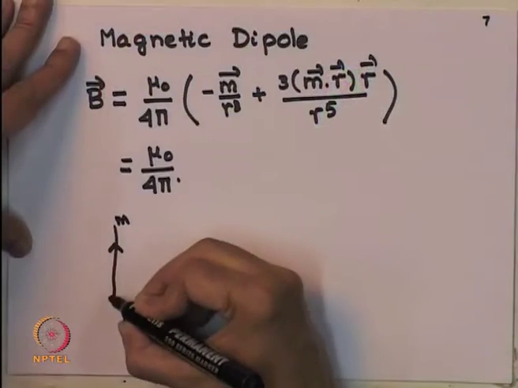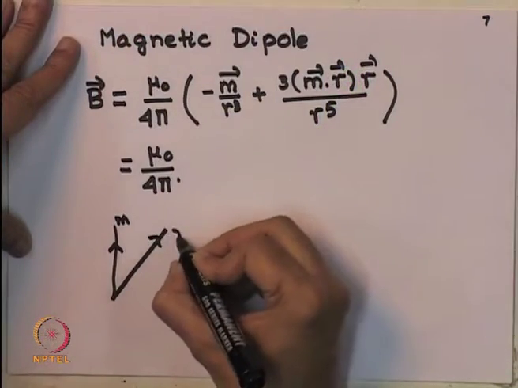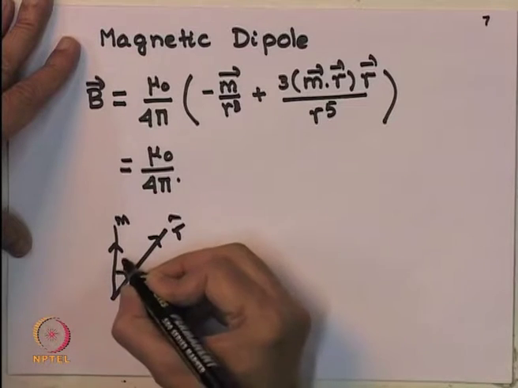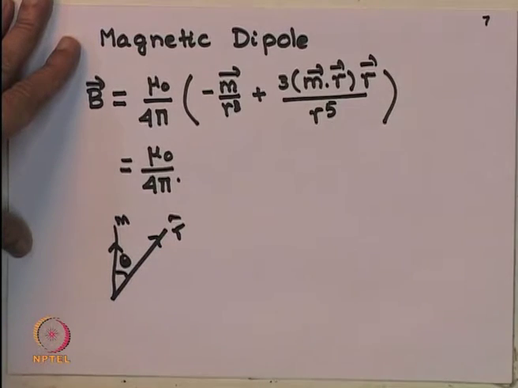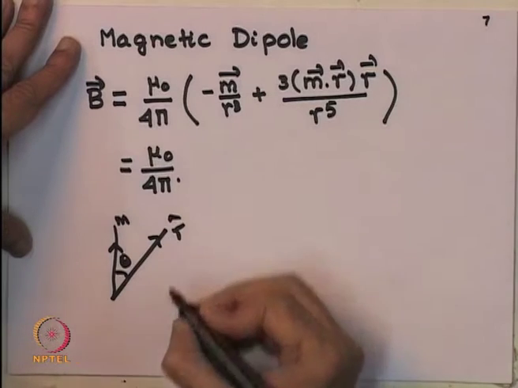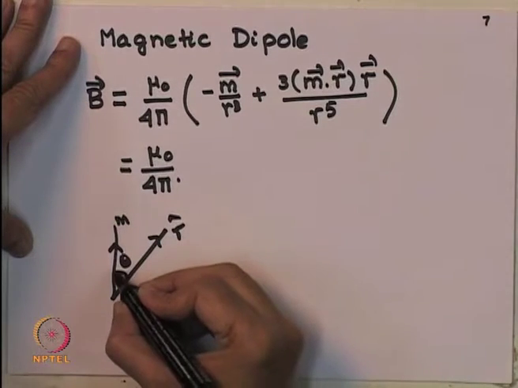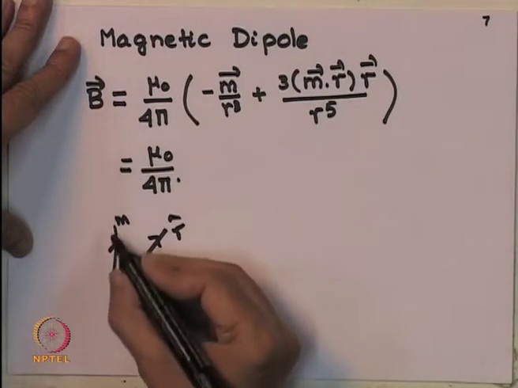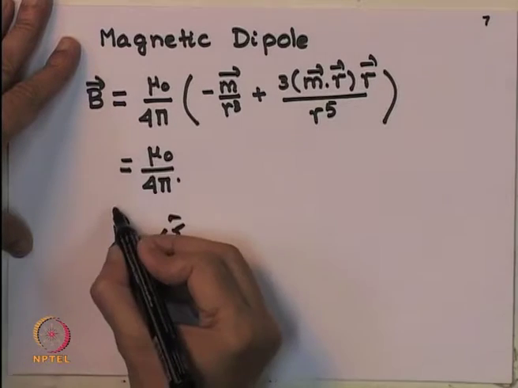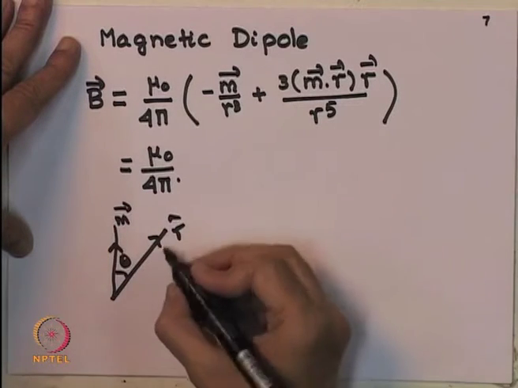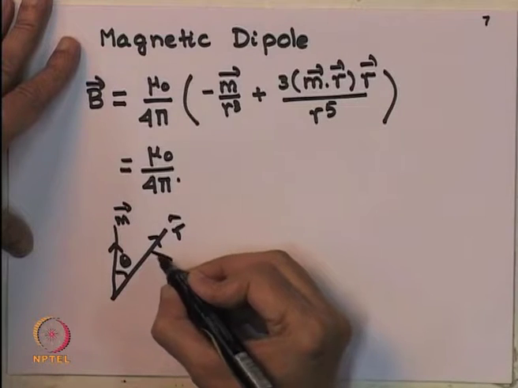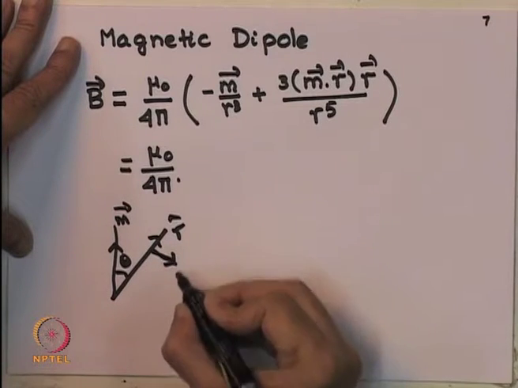So, basically I have a magnetic moment m there and a vector r there. So, this angle is theta, and remember that this angle is measured from the direction of the magnetic moment, which is taken to be along the z axis. As a result, the unit vector theta is along this direction.